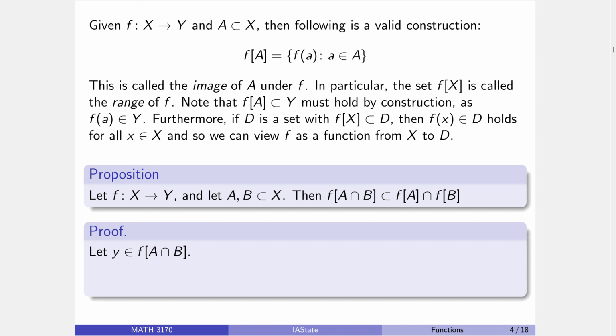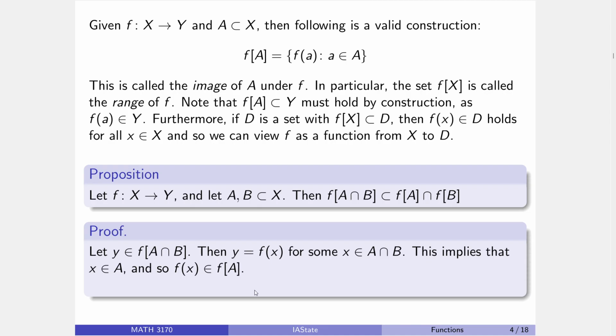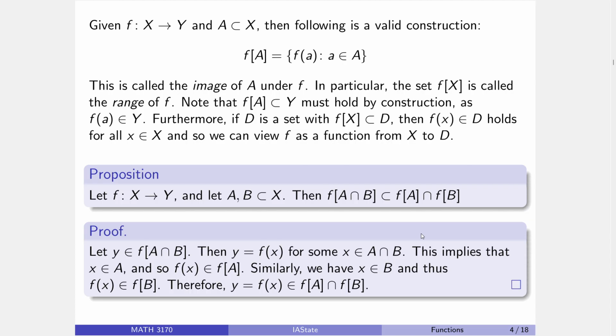We'll pick an element that lives in the image of the intersection of A and B. That means that element is equal to an output for some input coming from the intersection. All right, well, if you're in the intersection, you're in both sets. So that means x is in A, which then means that f of x is in f of A, the image of A under f. And a similar argument for B, and thus you're in the intersection.